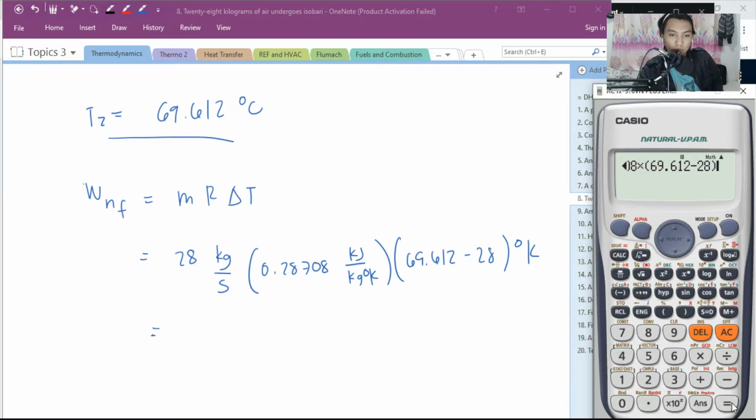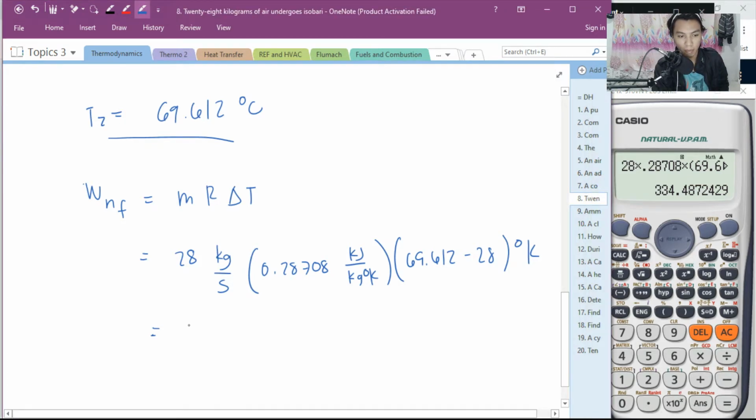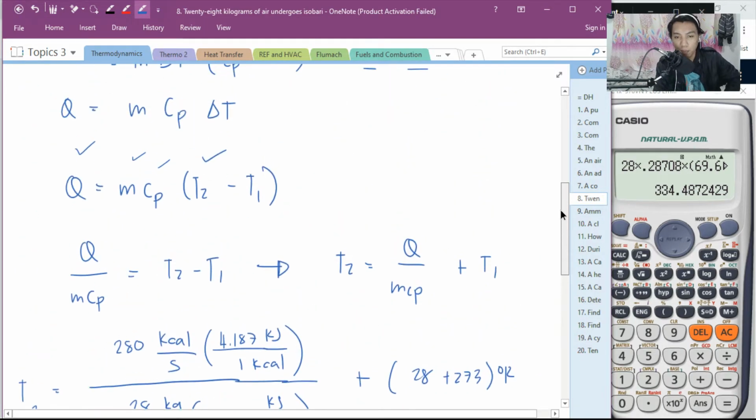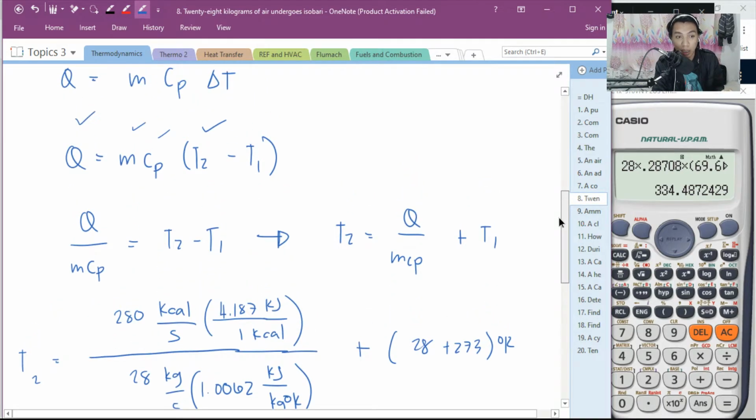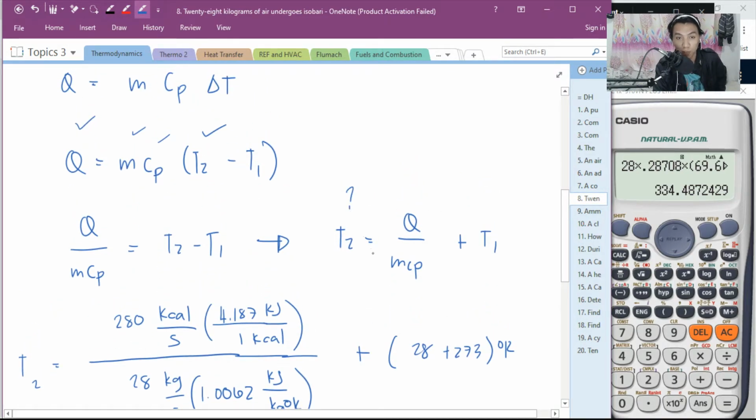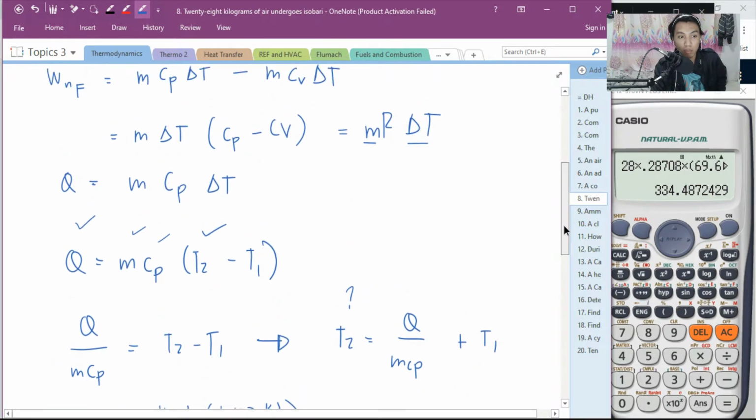Kilowatts, di ba, ang hinahanap? Ang lumabas dito, kilojoule per second, 334.4872 kilowatts. Pag ganito mga type ng question, hanapin mo muna yung pinaka-root ng equation and then hanapin mo yung value na wala doon sa equation na yun. Tulad dito, ang hinahanap natin is T2. Wala ito. Okay? Meron tayong kumpleto.